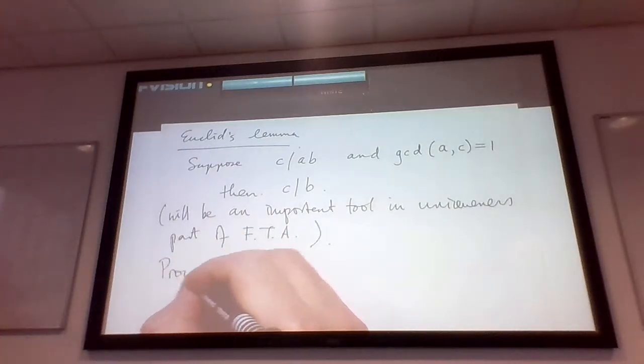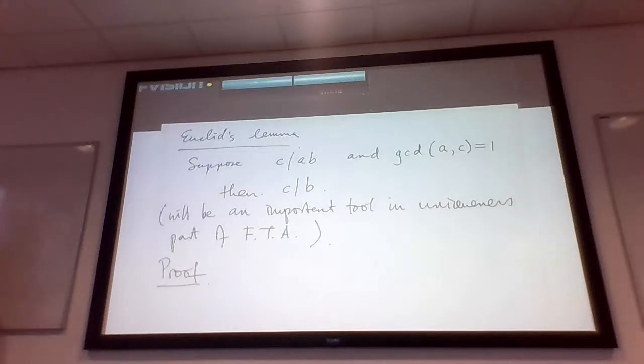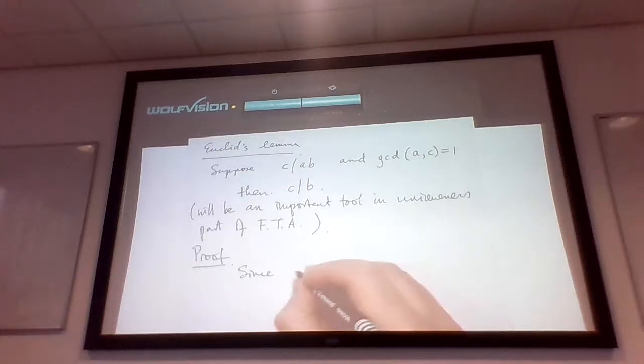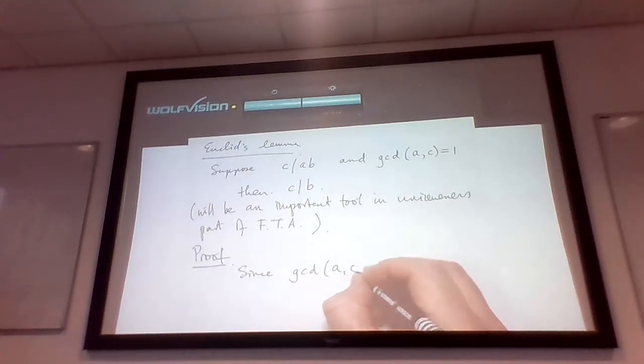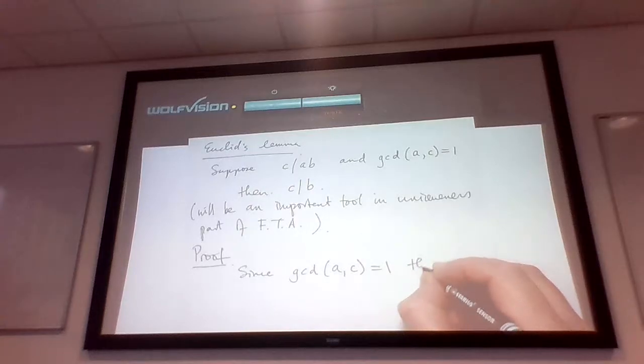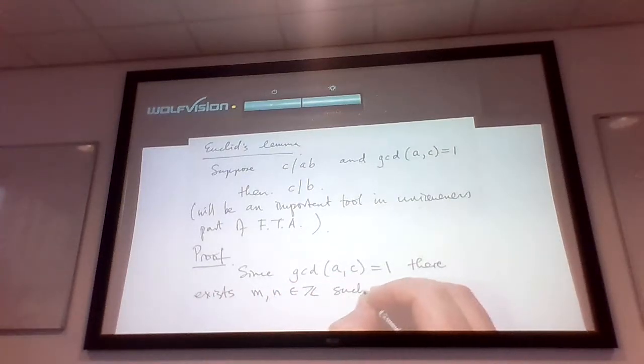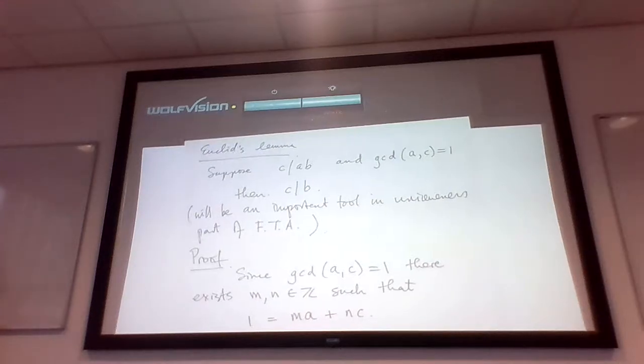So what's the proof of Euclid's lemma? Well, this comes from the idea of expressing the greatest common divisor as a linear combination of the two numbers. Since the GCD of A and C is equal to 1, there exists a pair of coefficients m and n such that this greatest common divisor 1 is equal to mA plus nC.